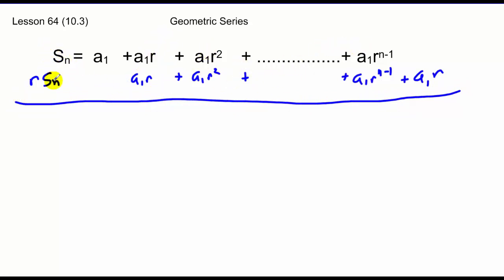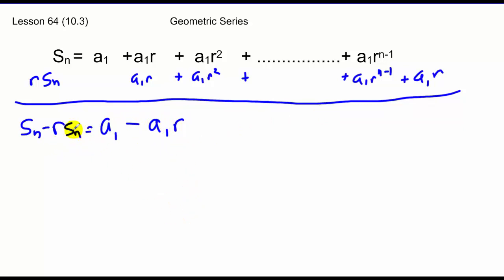He said, well, look, if I subtract all this, then anything that's alike is going to subtract out. And I have the sum of n terms minus r times the sum of n terms is equal to the first term, zeros everywhere else, but I have this last term in here that I'm subtracting out.